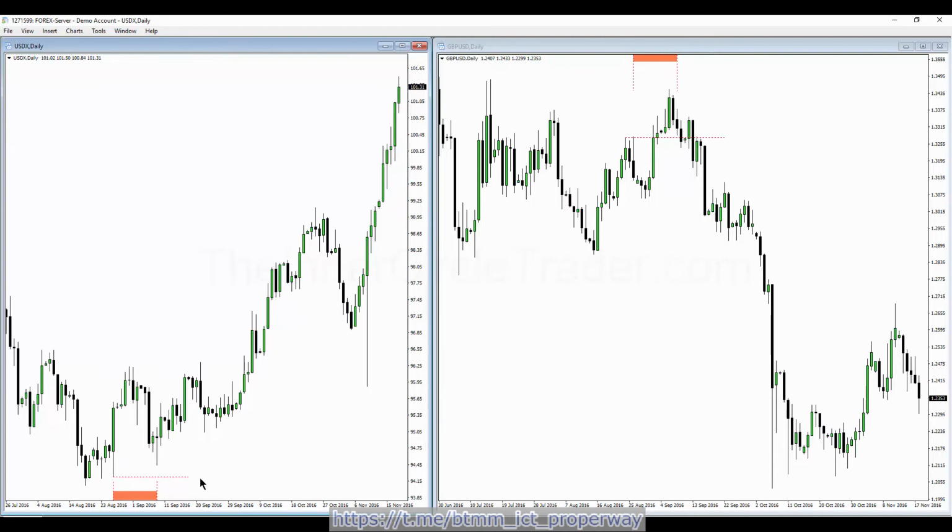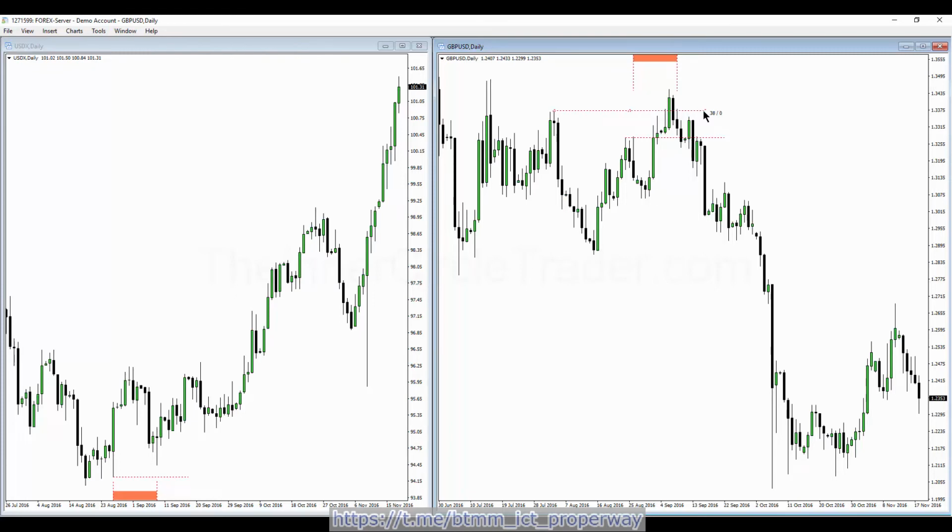In other words, the dollar index is being accumulated on the long side. The cable is being distributed. Now, it's being distributed above an old high here, but look to the left again, above this old high here as well. So now we can go and frame another level for turtle soup, or a false break above an old high to run what?